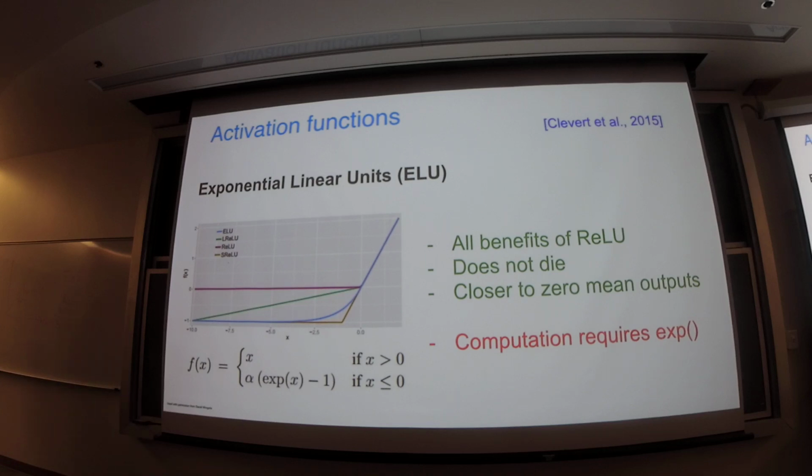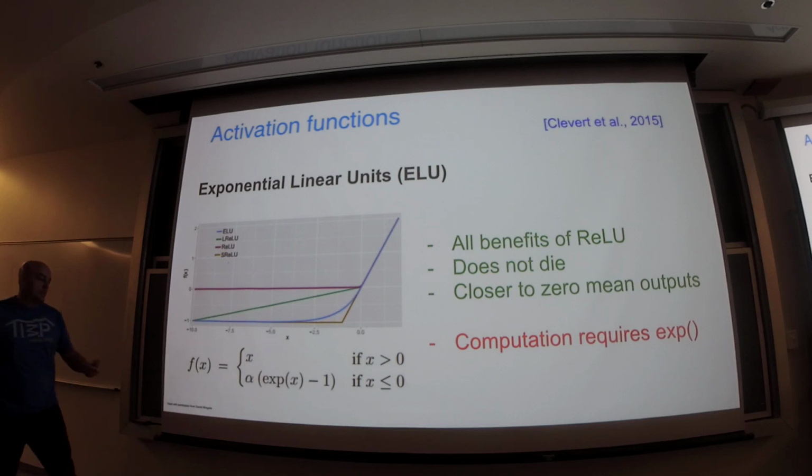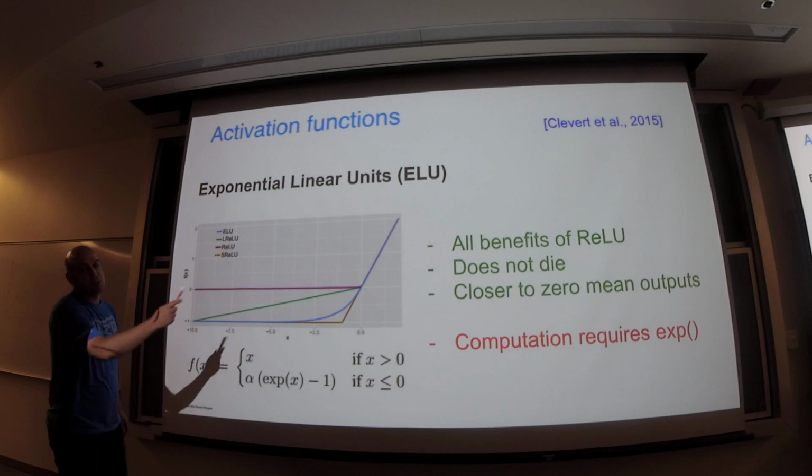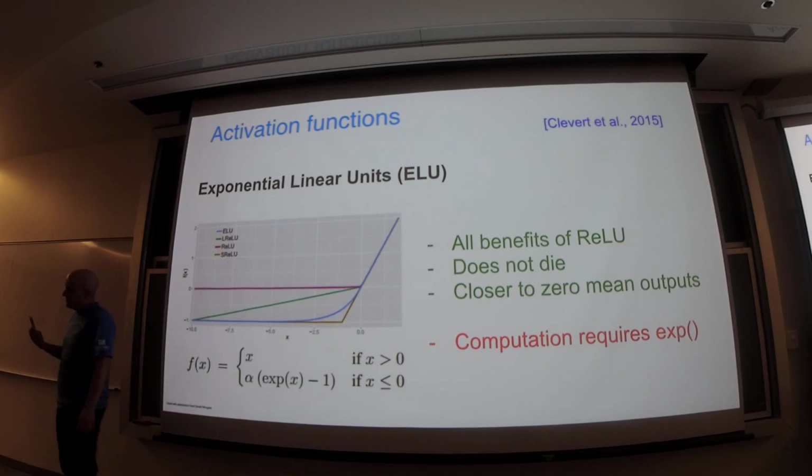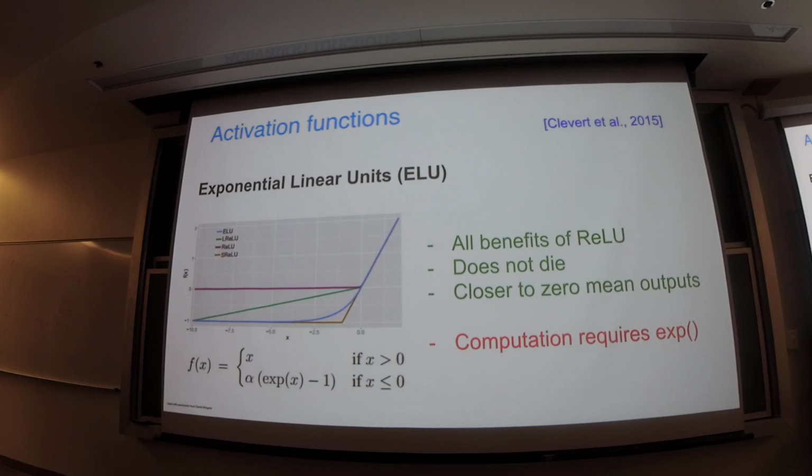But I promise you it doesn't matter much, and it gives you an extra hyperparameter to think about, and you have to compute this exponential, which is definitely slower, even though maybe you don't experience it as being slower. Usually the rate-limiting steps in serious neural networks, like with big images, are the transfer of images from CPU memory into GPU memory, and then reading that out into your network.